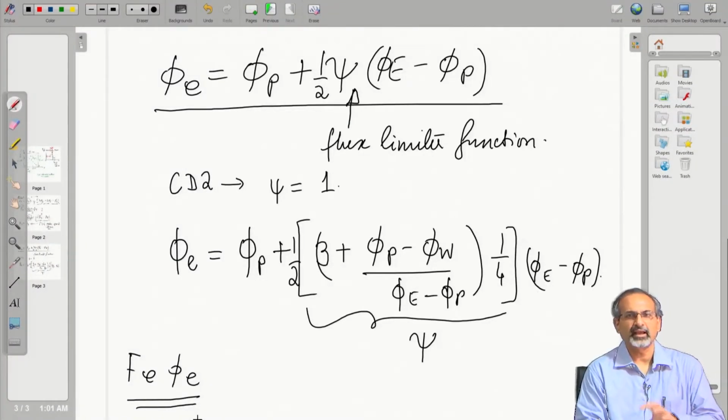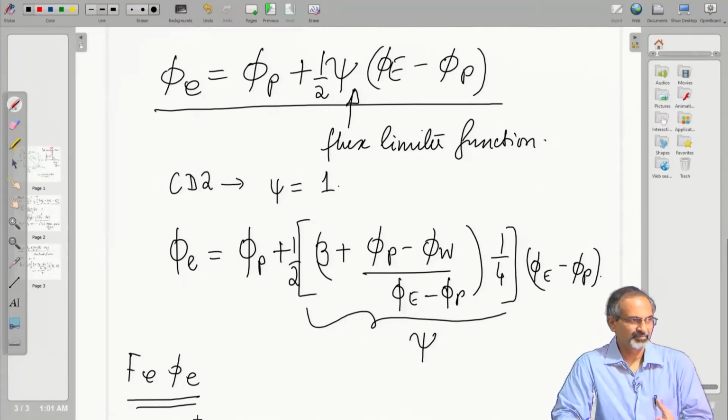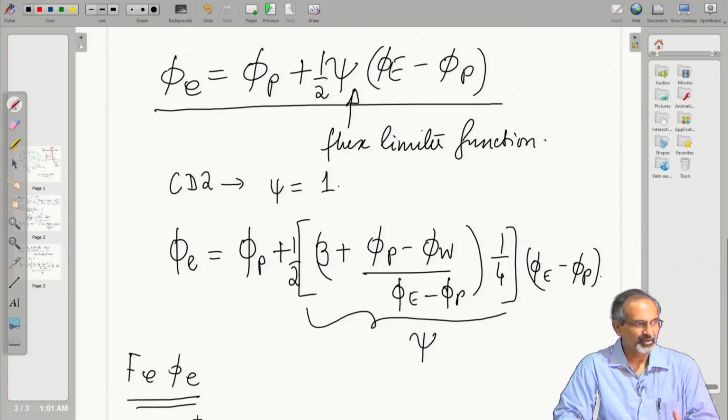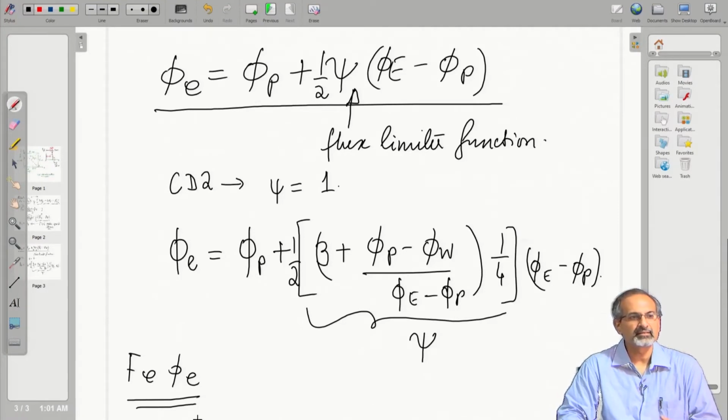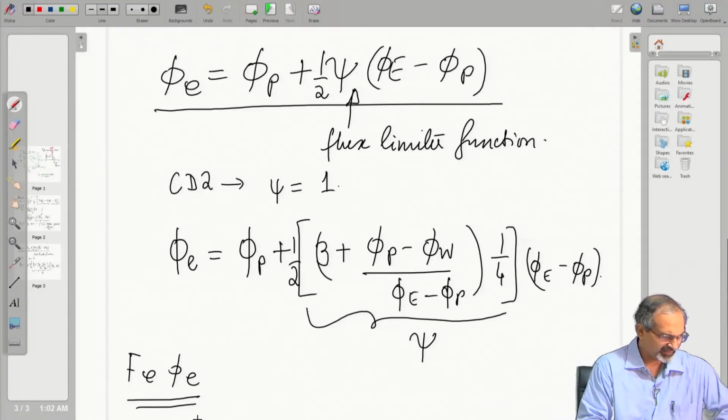So, I am additionally incorporating some gradient information in the phi e expression through that psi part of the entire expression. So, that gradient expression is improving the formal accuracy, but I have to ensure that it does not additionally create the problem of numerical oscillations, right.